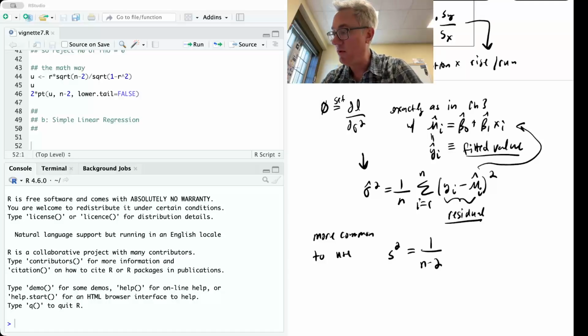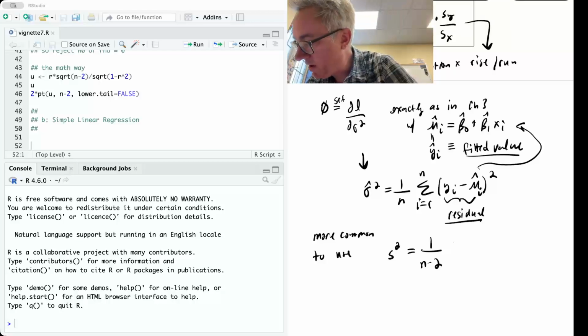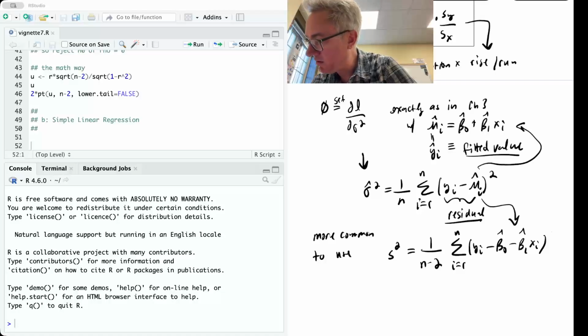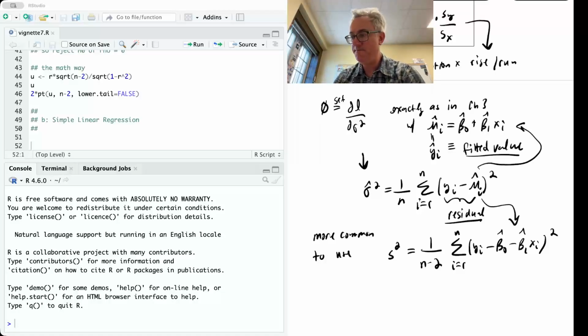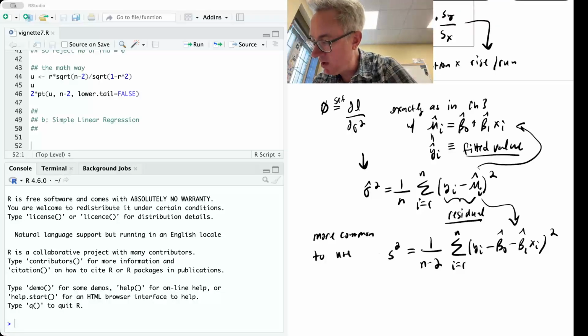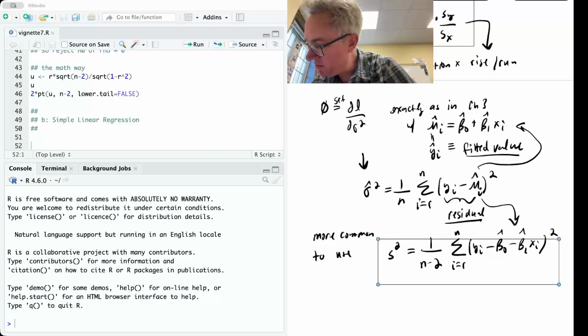Now I've got two parameters, beta naught and beta 1, that I'm going to use in my residual sum of squares, and I'm going to write it out with the estimates now instead of with mu i, but you can make the connection. Okay, so this is what most people will use.